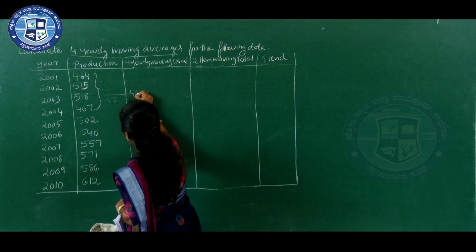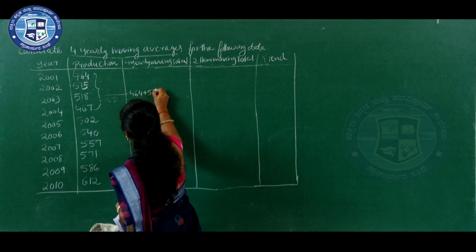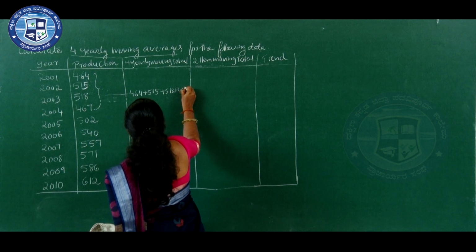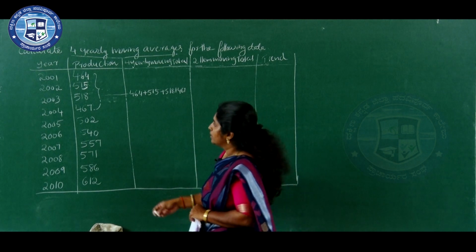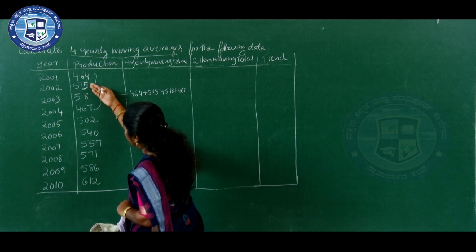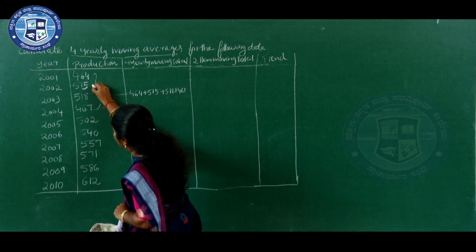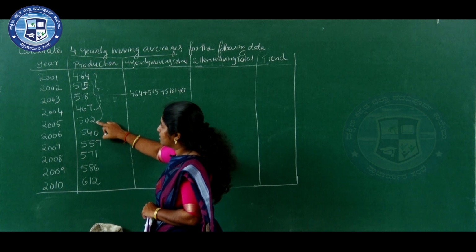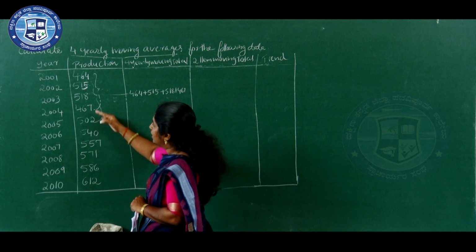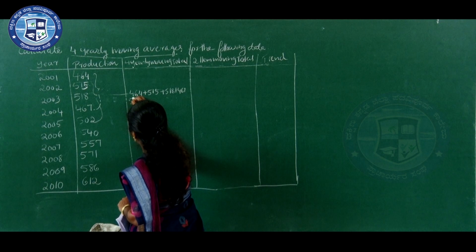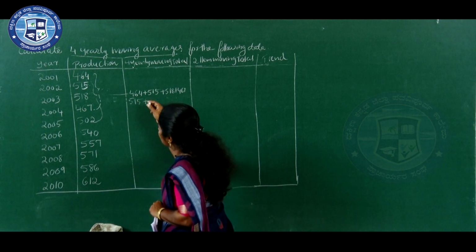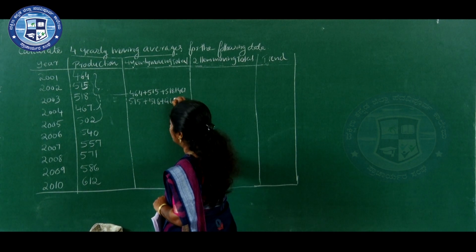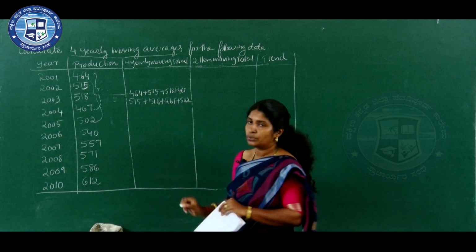Then consider the next 4 values, 515 plus 518 plus 467 plus 502.